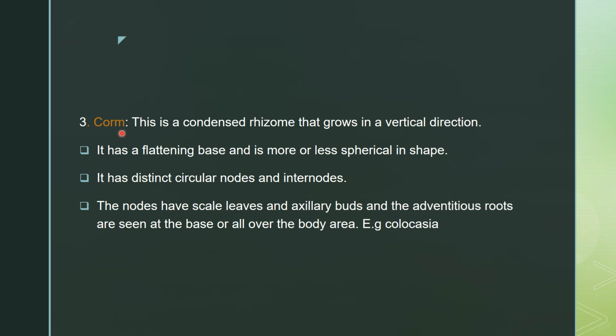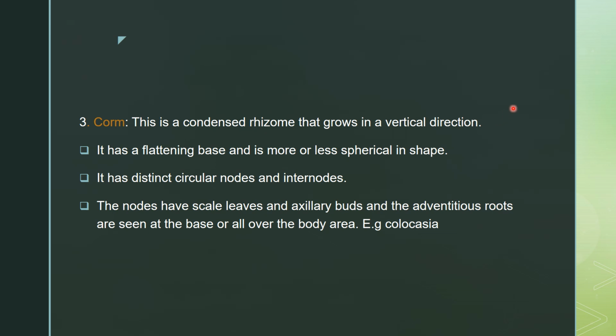Number 3 is corm. This is a condensed rhizome that grows in a vertical direction under the ground. It has a flattened base and is more or less spherical in shape.